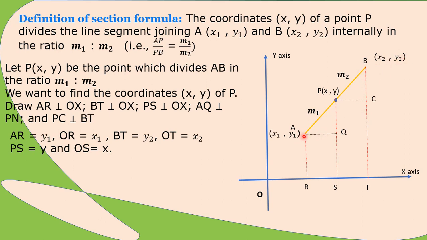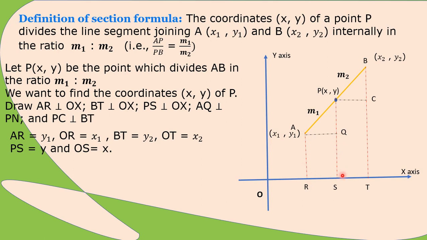Similarly, we have to find OR. OR is the line on the x-axis, and the x coordinate of point A is x1, so R is x1, so OR is x1.